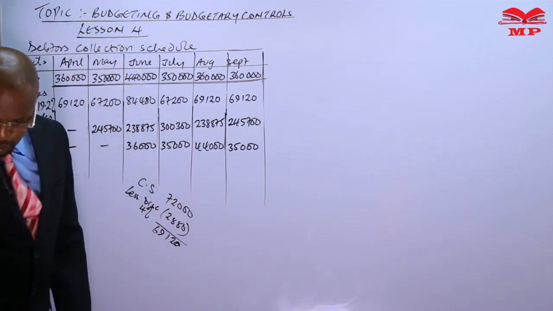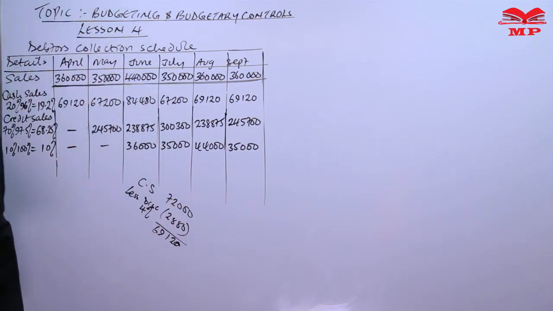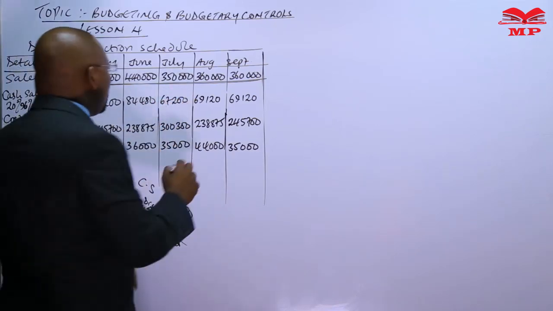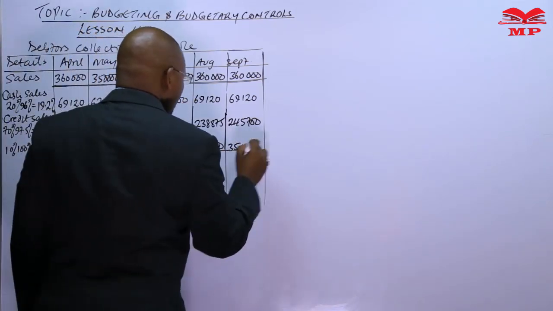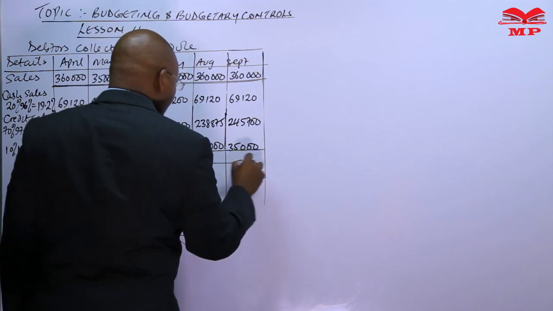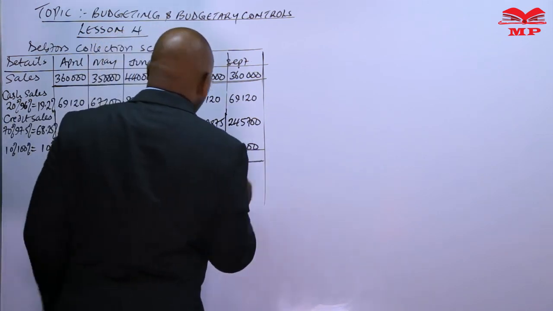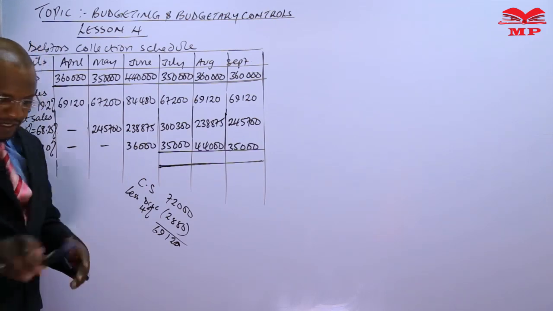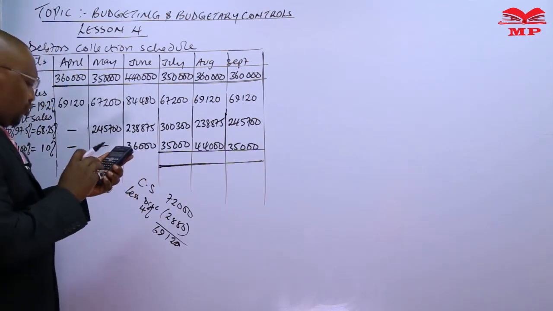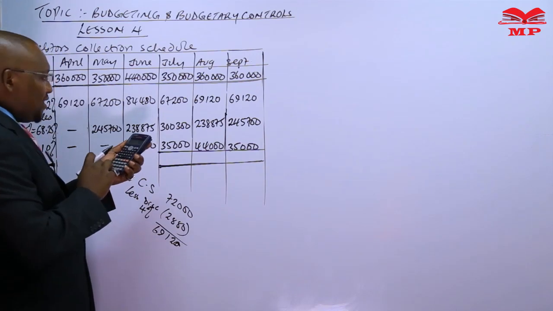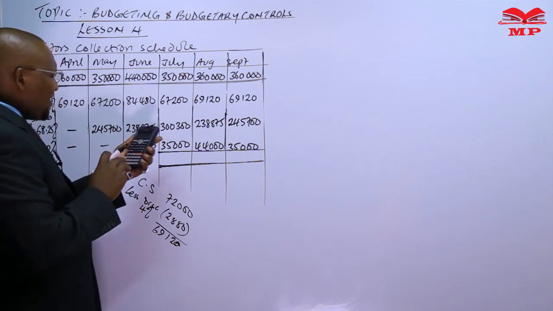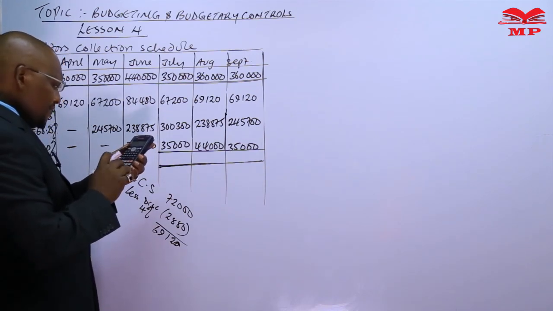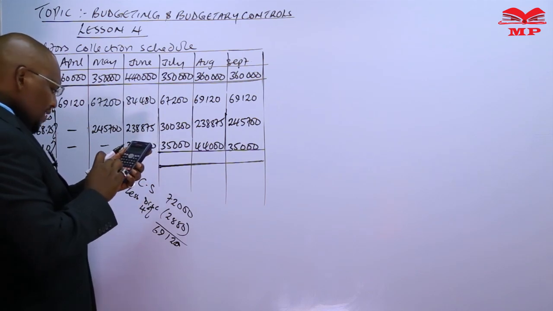So this now will give us the period we want. We have been told to prepare a cash budget for the 3 months up to September. So we want only July, August and September. This is what we are interested in. The other months are to assist us to push and get our period's receipts. So this is going to be 67,200 collection plus 300 plus 35,000.